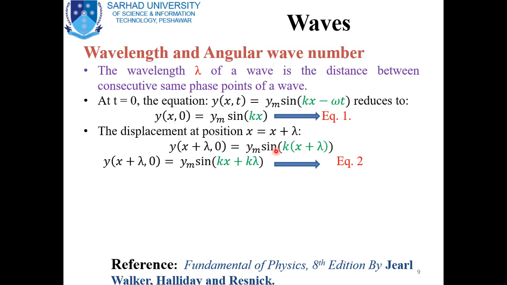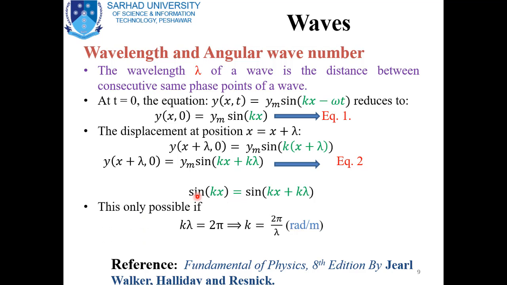So these particles are at the same phase points, and in equation 1 and equation 2 the vertical displacement of the particle is the same because they are the same phase point. So the right hand sides of equations 1 and 2 are equal: sin(kx) equals sin(kx plus k lambda).